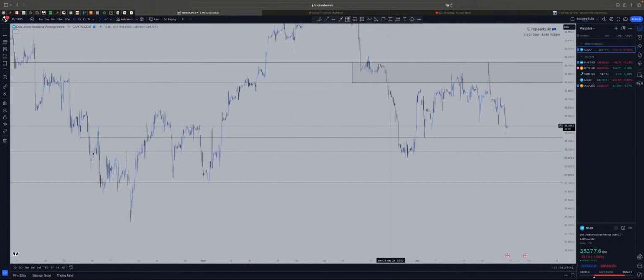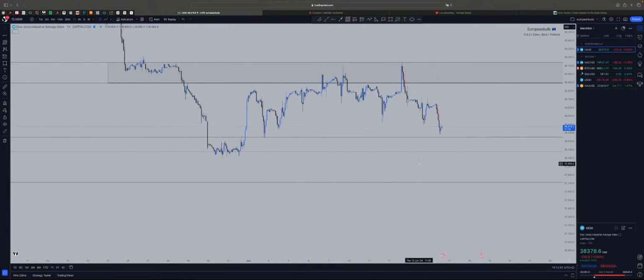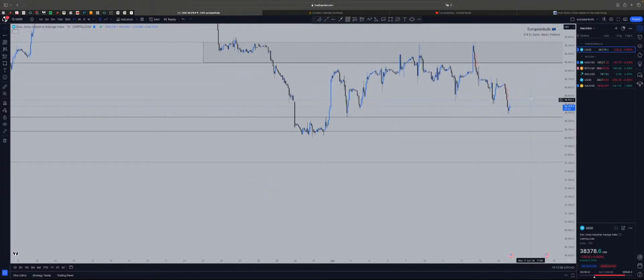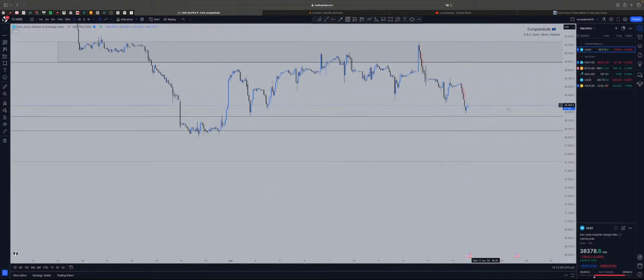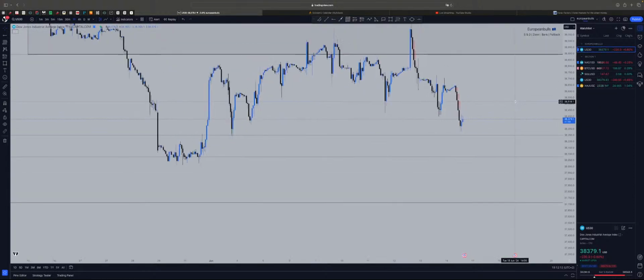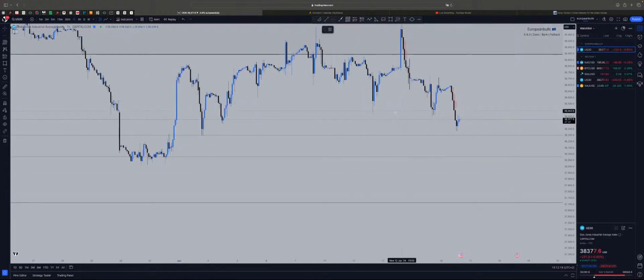Since you know that I only trade after 3:30 Berlin time, which is the opening of the New York Stock Exchange. So here we can see that the price has rejected from this area, which can be a supply area or resistance, whatever you want to call it.